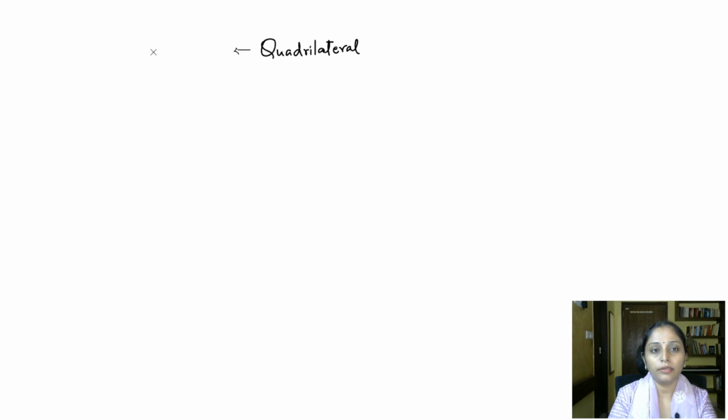It is a polygon, I'm going to write only the keywords, consisting of 4 sides, right? Now what is a polygon? It is a simple closed curve made up of line segments.